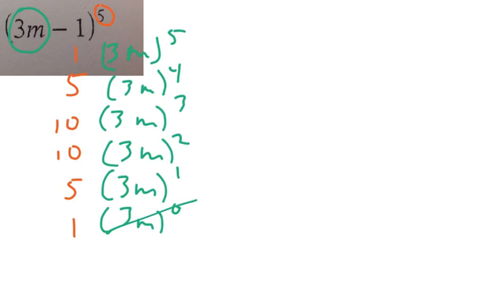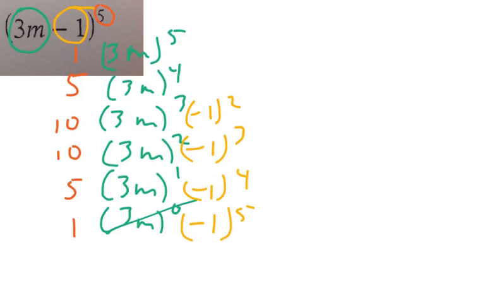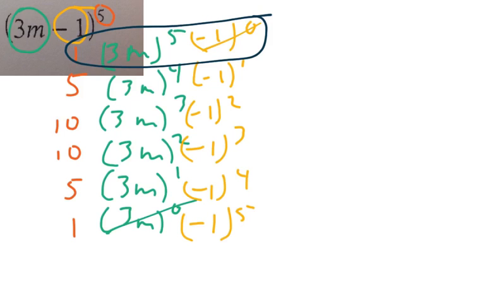The negative 1, notice right here, it's a negative 1, also will go to the 5 power, but in reverse order. Negative 1 to the 5, negative 1 to the 4, negative 1 to the 3, negative 1 to the 2, negative 1 to the 1, and finally negative 1 to the 0, which of course is 1.